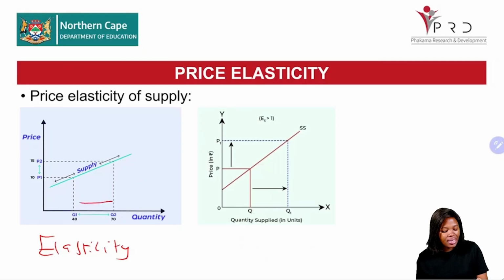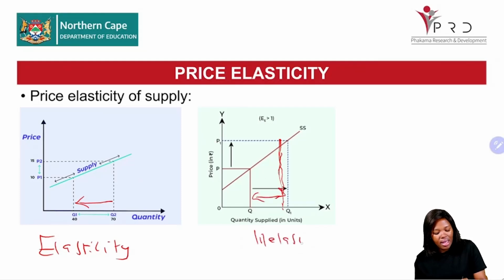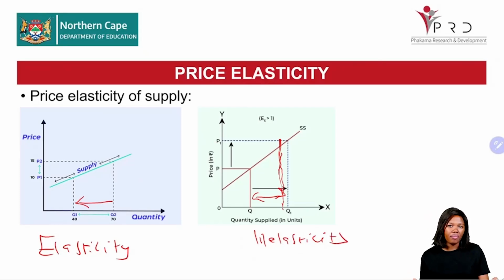Elasticity here. And then let's just decrease the space, and then we'll have inelasticity of supply. So this is how you should look at the graphs and be able to interpret them, and be able to give the correct answers.